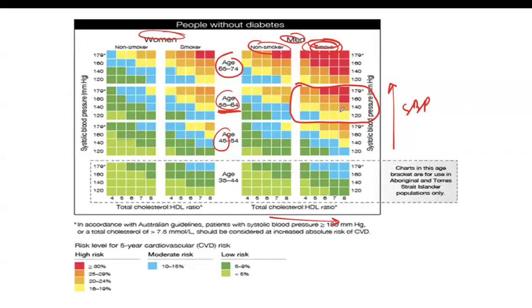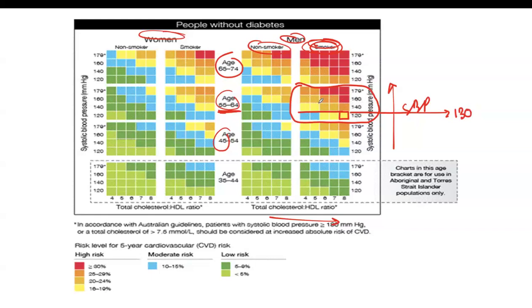So if we see here, you can see these numbers 120, 140, 160, right? Normally you need to remember that this lower box, the highest limit of systolic blood pressure that you can place here is up to 130. It's not 120.